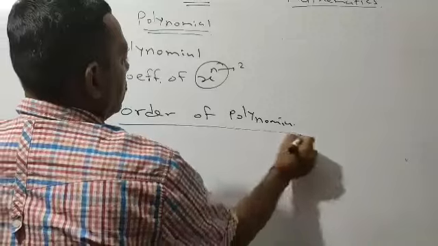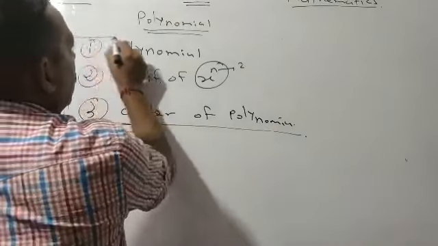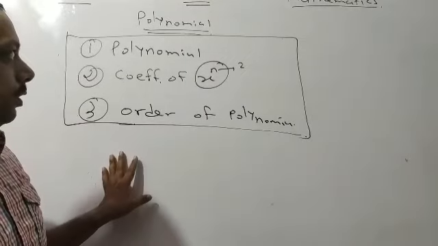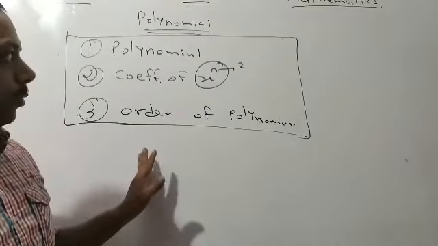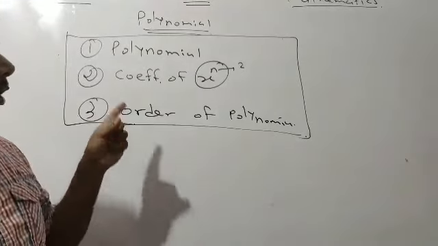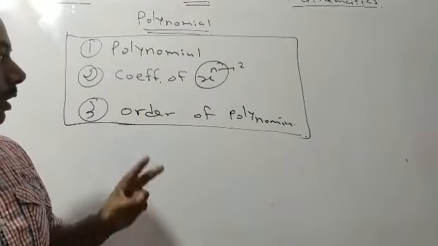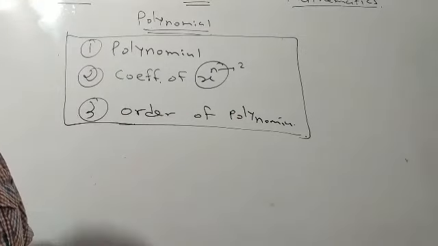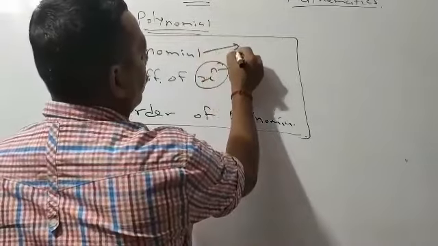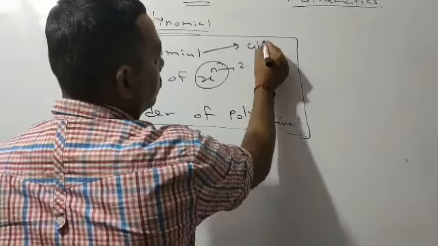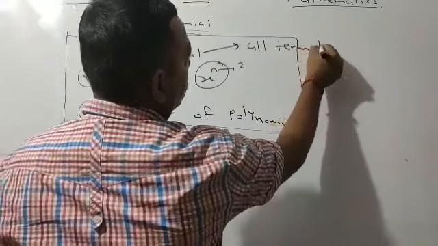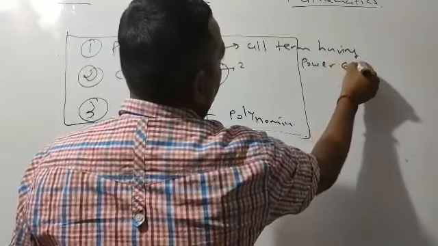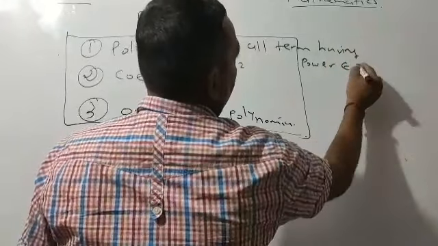Your first exercise is based on these 3 topics only. First of all we have to check whether the expression is a polynomial or not. Second, the coefficient of x raised to n we have to write. And the third topic is the order of the polynomial. Now again I will repeat, polynomial means all terms have powers belonging to the whole numbers.